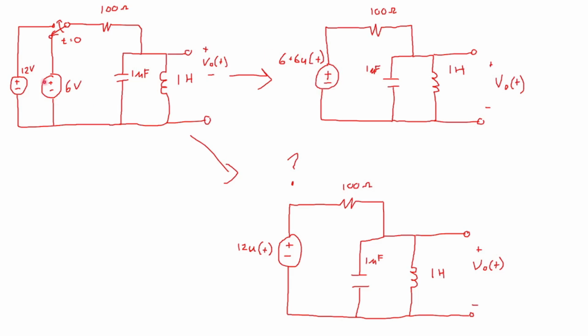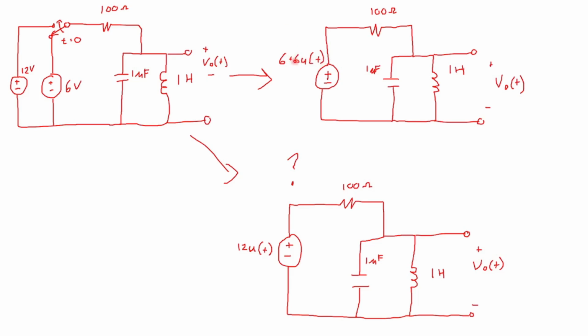Okay, so we start at 6 volts, and at time 0, the voltage suddenly jumps to 12 volts. So that can be expressed as a constant 6 for all time, plus 6 times a step function, the unit step, u of t, the Heaviside step function, suddenly goes to 1 at time 0.